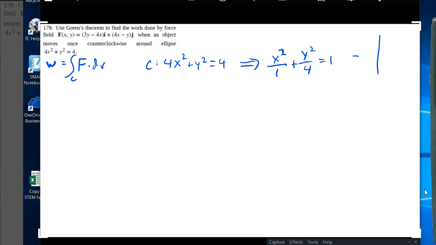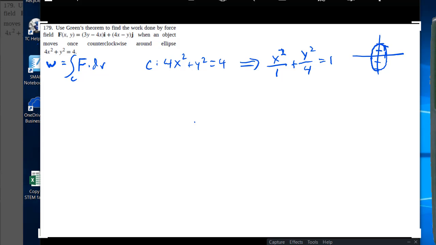So we can see that we're going to have an ellipse. In the x direction it goes 1 unit, in the y direction it goes 2 units. So this is the ellipse that we're talking about traversing in the counterclockwise direction.